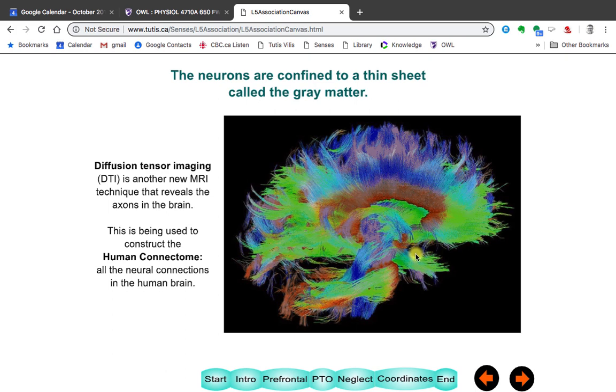This is where those millions of strings are located, going from place to place, and people are constructing what's called the human connectome, somewhat like the human genome. So what's a typical map of the human connections? What areas connect to what?